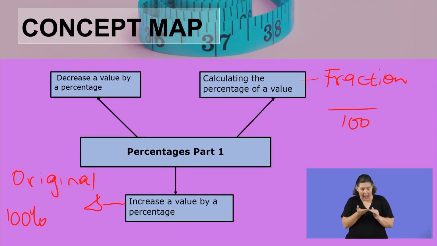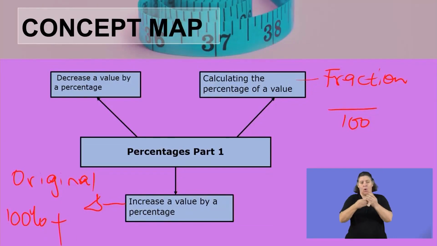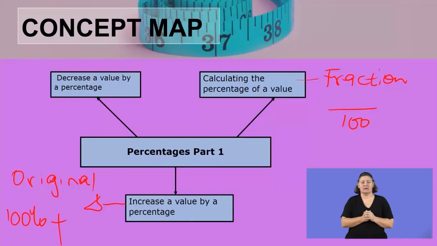Because we are increasing, we expect it to be more than the 100%. Therefore, you add whatever percentage is given to your 100%. After adding, you convert it to a fraction form, then you multiply by the original price, and you get your answer.